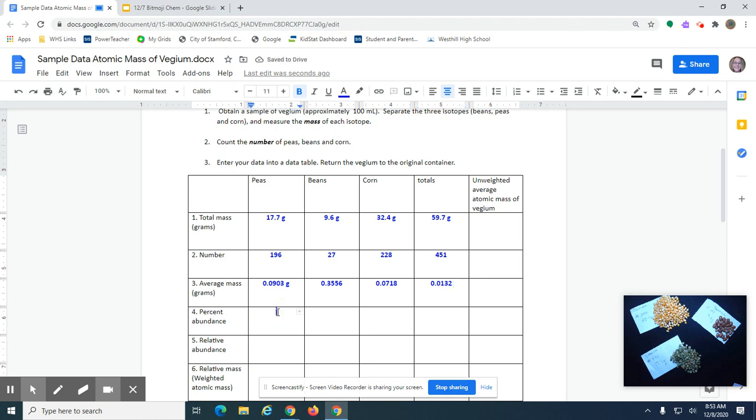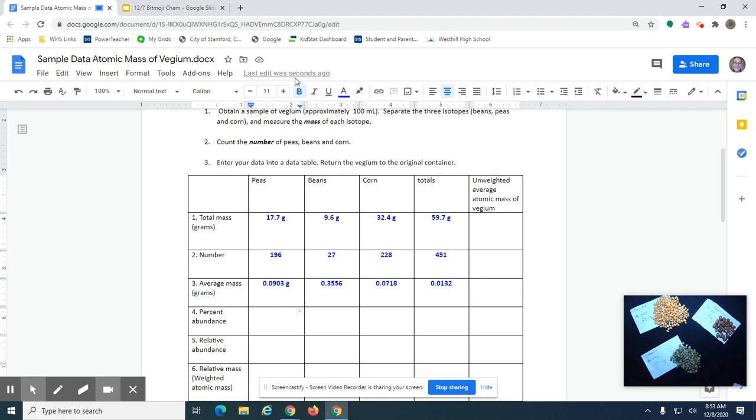So the percent abundance, and the word abundance is just telling us how often it's found in nature. So we need to divide the total number of each isotope by the total number of the sample.